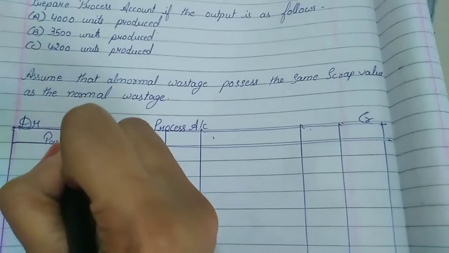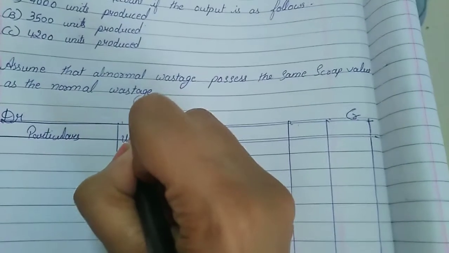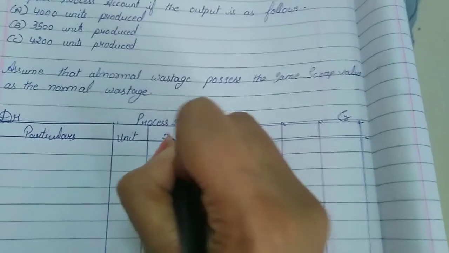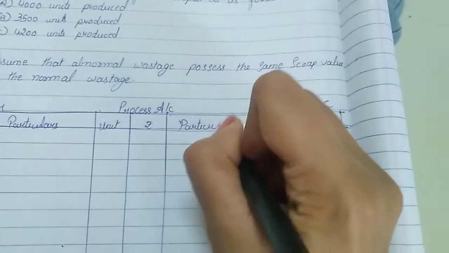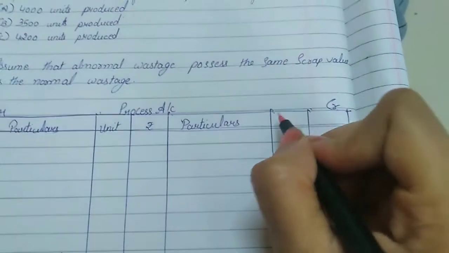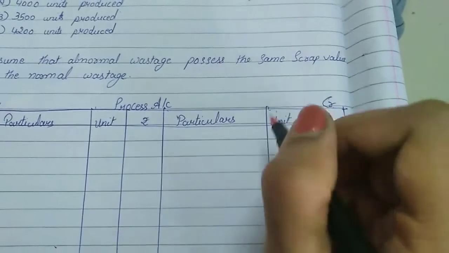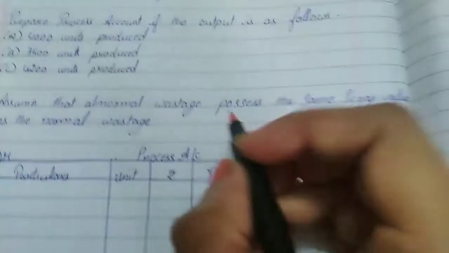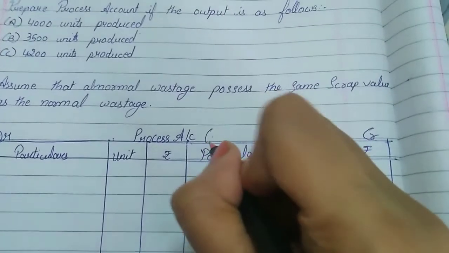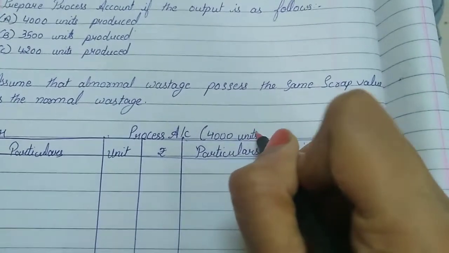Here particulars, unit, rupees, particulars, unit, rupees. Okay, as it was said, 4000 units produced. Here we will write 4000 units produced.